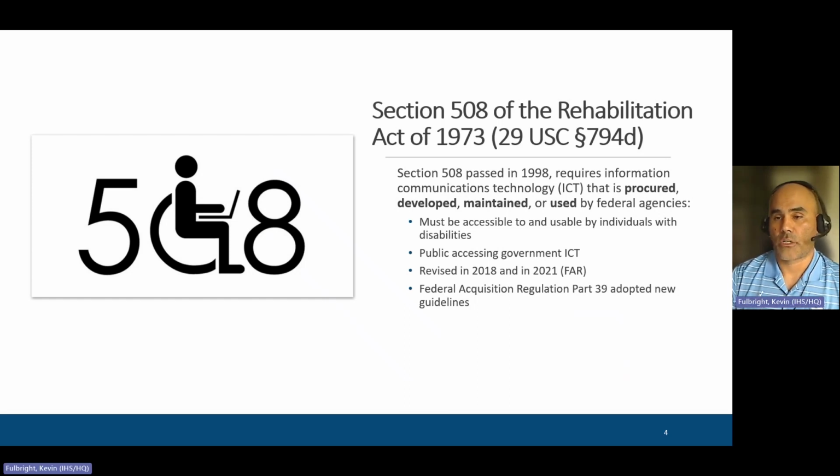The law was refreshed in 2018 to incorporate technology such as mobile devices and multifunction systems such as network copiers, printers, and scanners. Guidelines were then established for how technology should work with assistive components that users with disabilities employ, such as screen readers, to interact with modern technology.